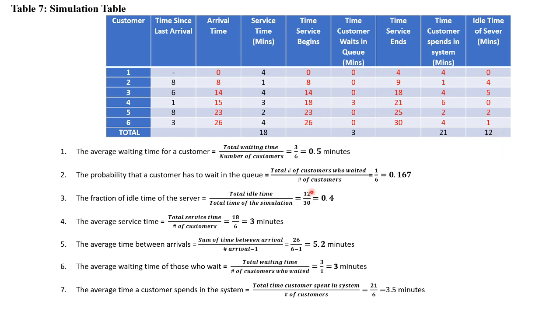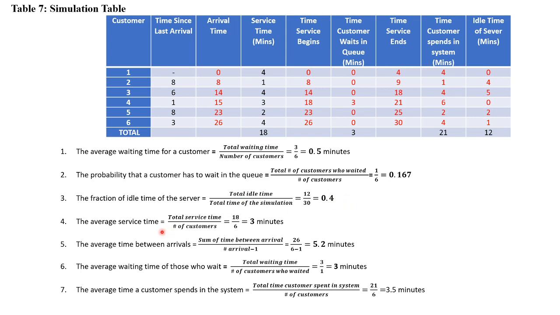So we're going to have 12 divided by 30, which is equal to 0.4. We can also put it in other ways: the probability that the server is idle is going to be 0.4, or we can say it's equal to 40%.